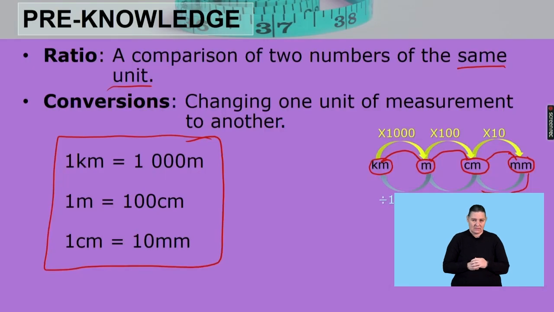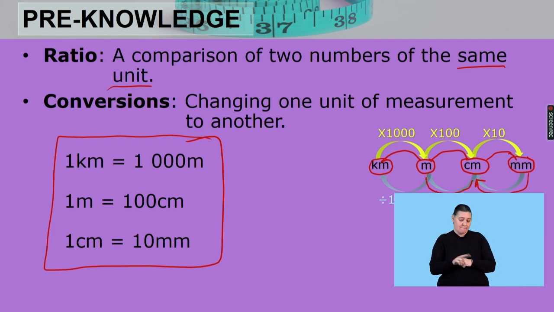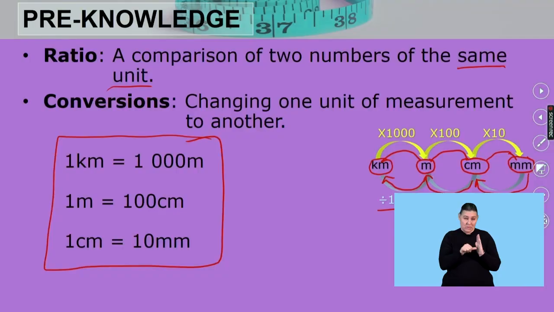If we go the other way, from millimeters to centimeters, we divide by 10. From centimeters to meters, we divide by 100. And from meters to kilometers, we divide by 1,000. Whichever method you memorize, it's perfect as long as we know the conversions, because that's the important part.